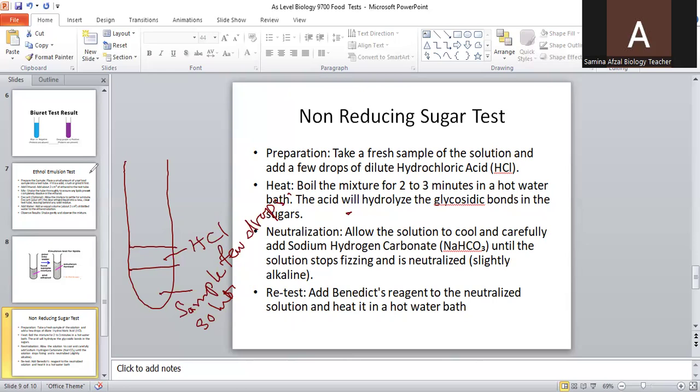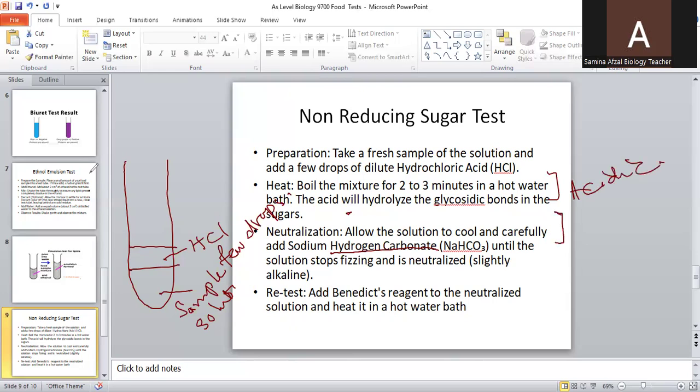Then you allow the solution to cool, and carefully add sodium hydrogen carbonate to provide an alkaline solution, or to neutralize it. Because when you add the HCl into it, it will become acidic, so you have to neutralize it.